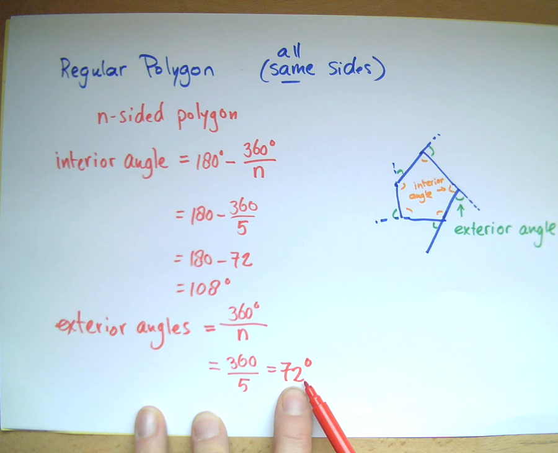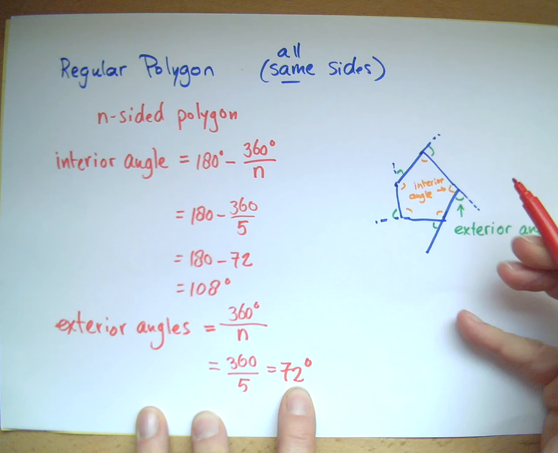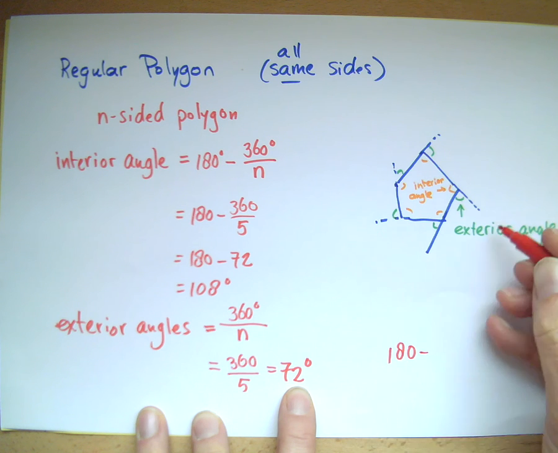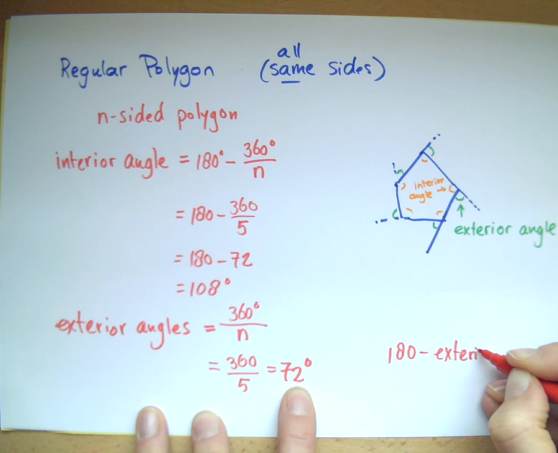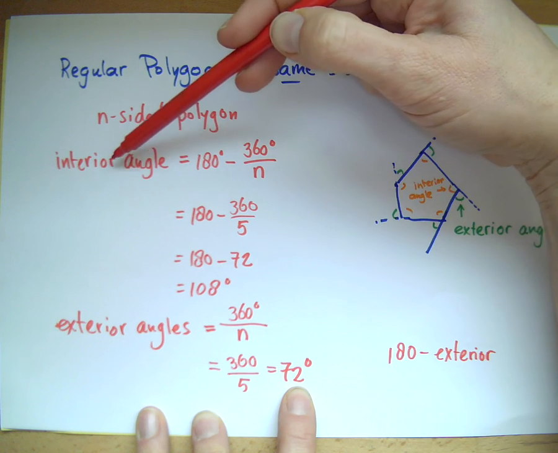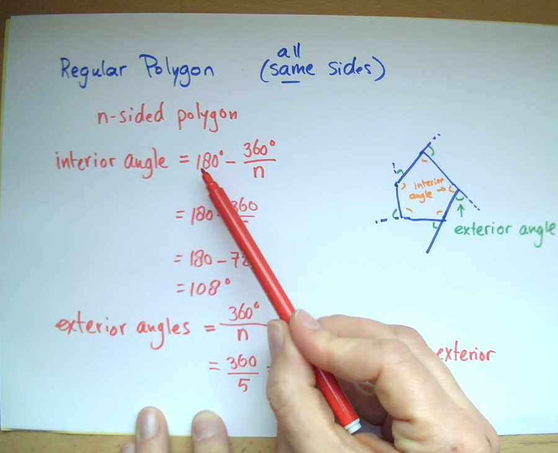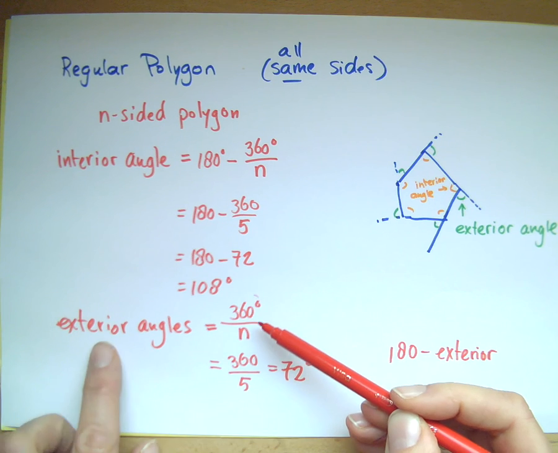When we realize that the exterior angle is 72 degrees, then to find the interior angle, we just do 180 minus that exterior angle, right? Here, the formula for finding the interior angle is actually 180 minus this expression that we used to find the exterior angle.